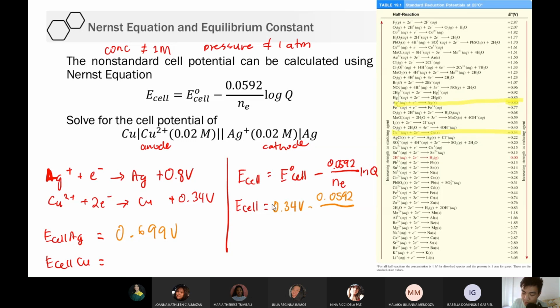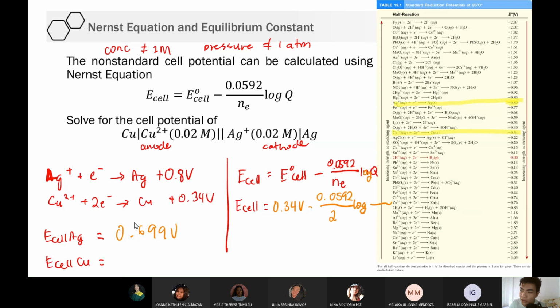Okay? So for copper naman, for the copper electrode, so ang mole of electron doon ay 2 kasi nakalagay sa baba eh, 2. And the E-naught cell, yung E na may bilog, E-naught basa doon. E-naught cell or the standard cell is 0.34. Log Q. Okay, so log Q, how to write Q uli?